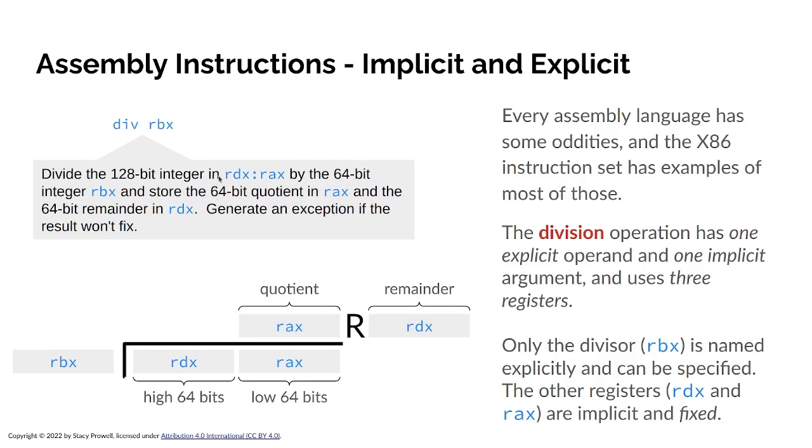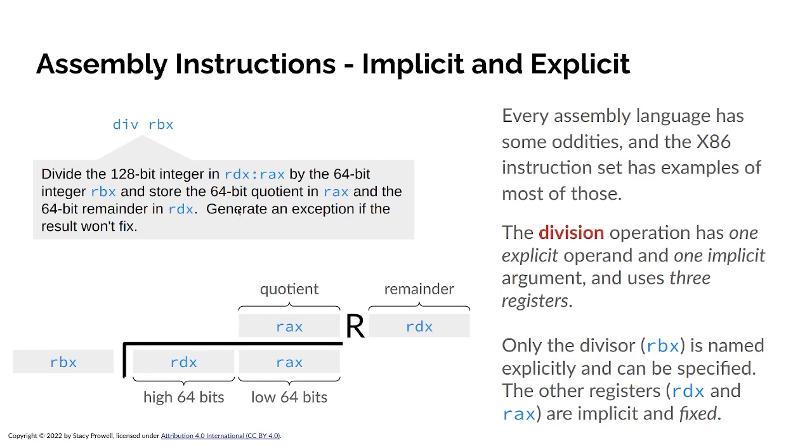So think about this. This is a 128-bit number, okay? So suppose I take this 128-bit number and I divide it by 2. 2 is a valid 64-bit integer. I divide it by 2, which means that the whole thing in here just shifts down by one place in the binary representation. So RDX is not emptied out by that, which means if I store a remainder in RDX, I'll overwrite part of the quotient.